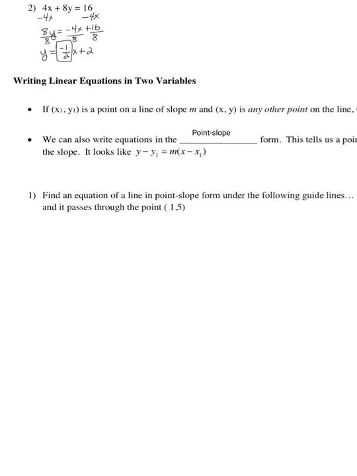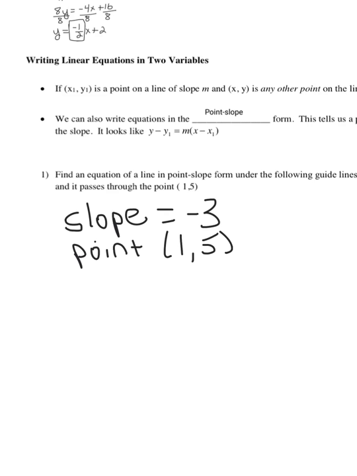So in example 1, we're going to find an equation of a line in point-slope form under the following guidelines. The slope is -3, and it passes through the point 1, 5. So we're going to use this information and our point-slope formula to determine the equation of the line. First, I'm going to substitute my point x1, y1 into the formula.